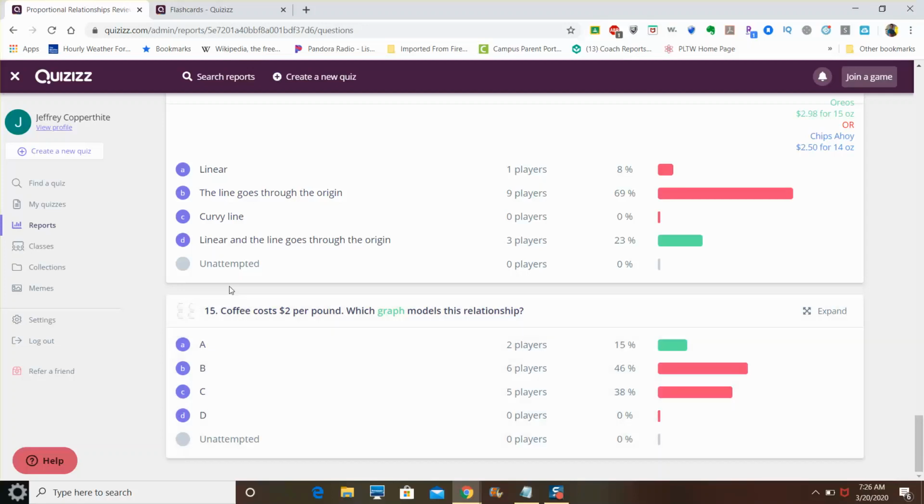We had talked about that in the flashcards, but it looks to me like graph C is actually the correct answer, not graph A. So again, another error on the quiz. This is what I get for making quizzes with questions that other people have written. So they need to fix their questions. So yeah, 5 of you got this one right. Those of you that said A, unfortunately, even though it marked you correct, it's actually the wrong interpretation of that. That would be $0.50 per pound. So that's the incorrect graph.